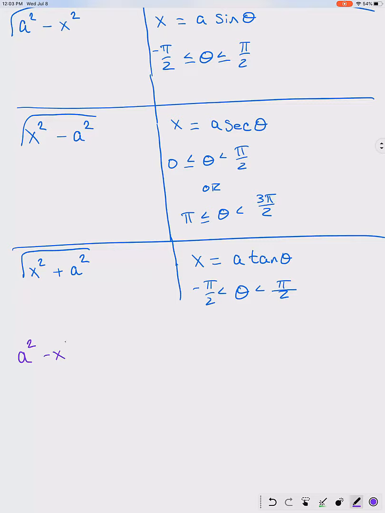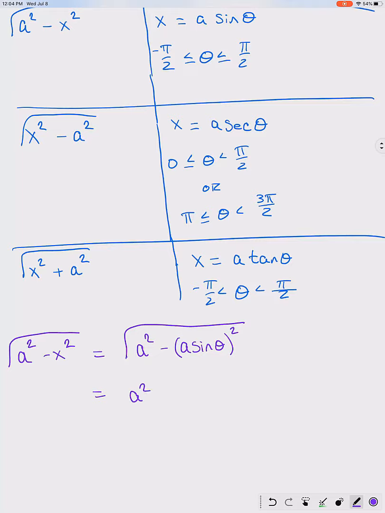a squared minus x squared, take the square root. Now that equals, with the suggested substitution, a squared minus a times sine of theta squared, all underneath the square root.